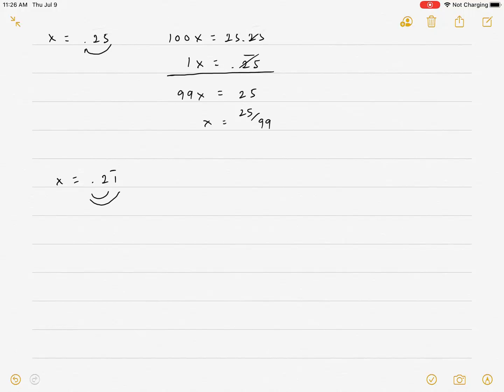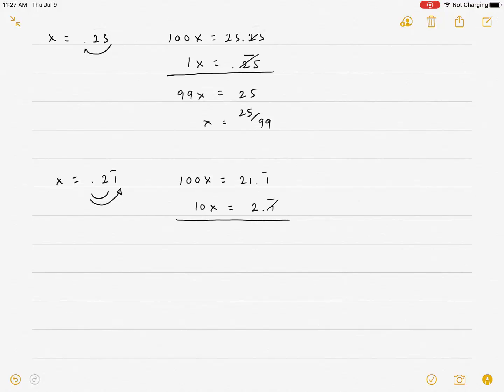To put it immediately in front, I'll need to move one place, so I'm going to multiply by 10. 10 times 0.21 with the 1s repeating will be 2.1 with the 1s repeating. And to move it to the other side, I'll multiply by 100. 100 times 0.21 with the 1 repeating will be 21 with the 1s repeating.